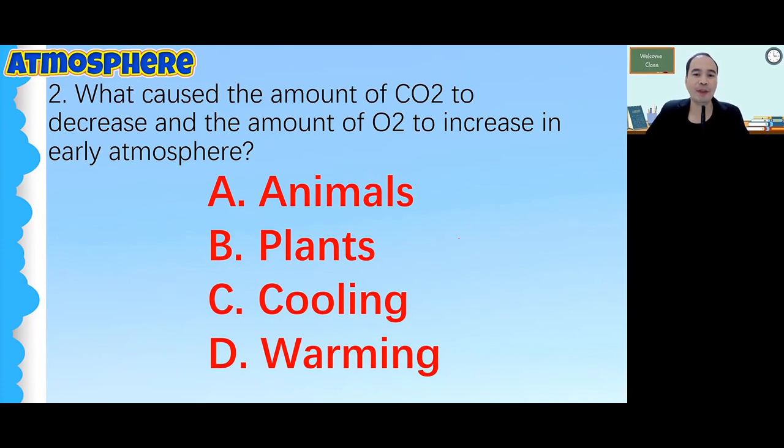Okay, very good, M1. The answer is letter B. That's because of plants. Plants absorb carbon dioxide, so the level of carbon dioxide in the atmosphere goes down. And also, plants make oxygen, so the oxygen level goes up.